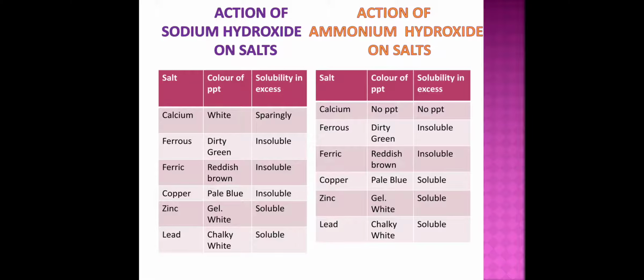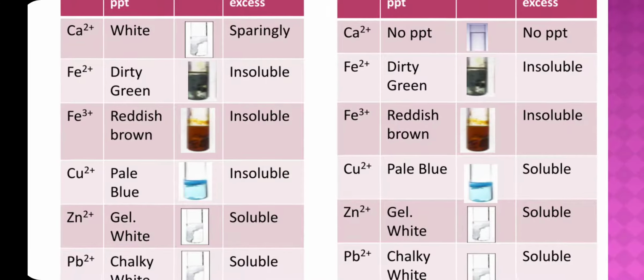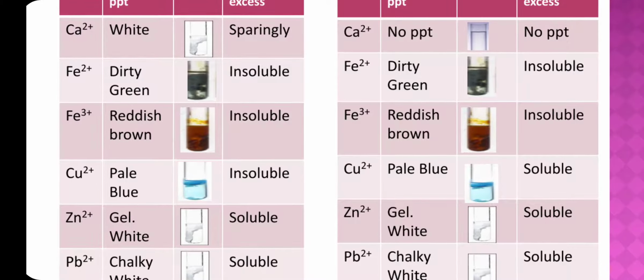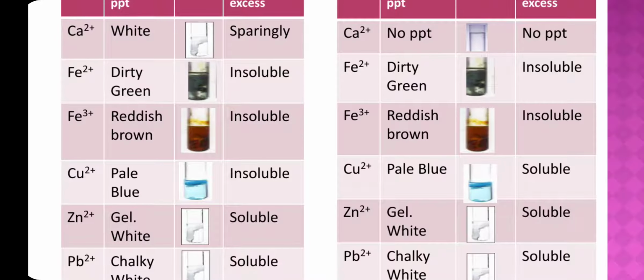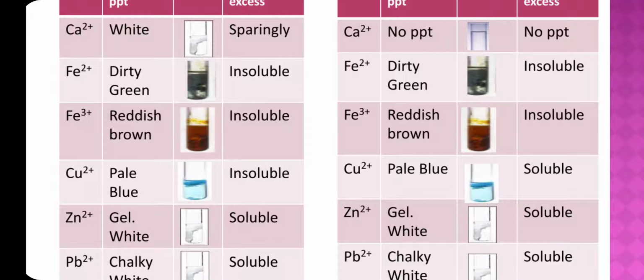Let's see the example with the precipitates present. First we see that calcium salt, when it reacts with sodium hydroxide, gives us a white precipitate. But calcium salt with ammonium hydroxide does not give any precipitate. Ferrous salts with sodium hydroxide give a dirty green precipitate which is insoluble in excess of sodium hydroxide.